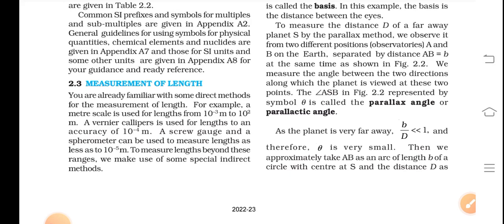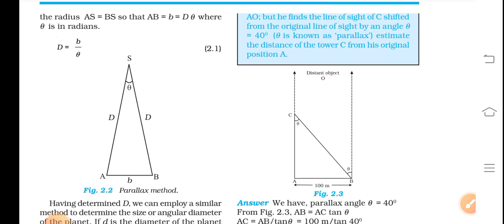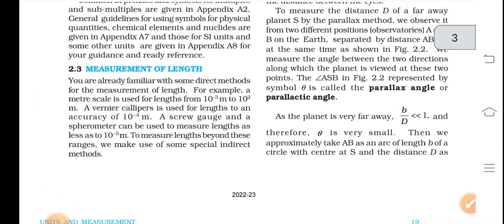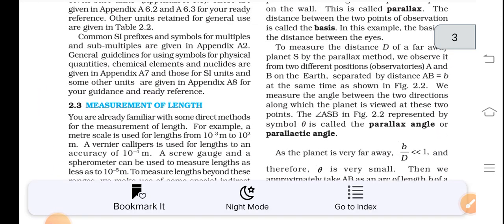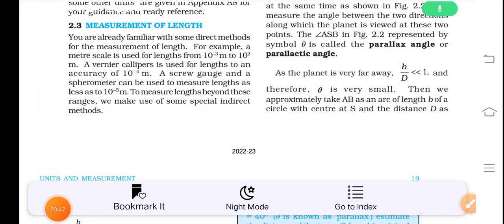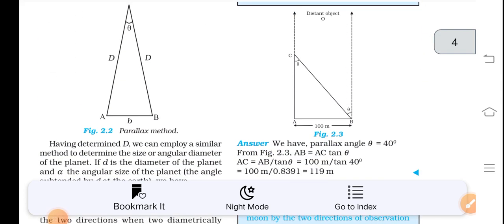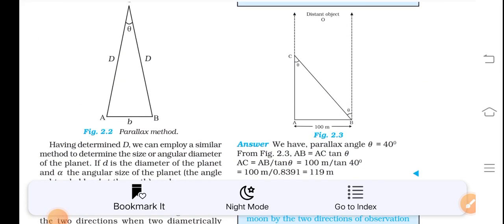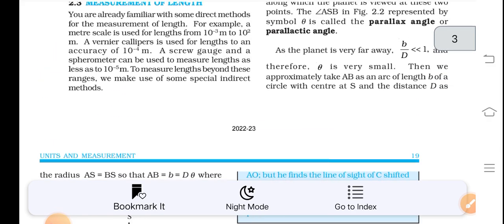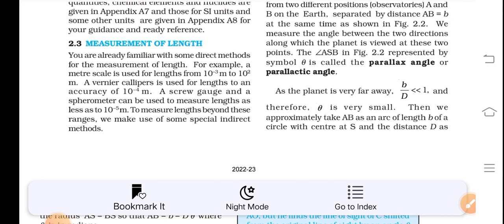As the planet is very far away, A and B is the distance of separation on the Earth. The ratio of the distance of separation on the Earth to the distance of the planet is much less than 1.